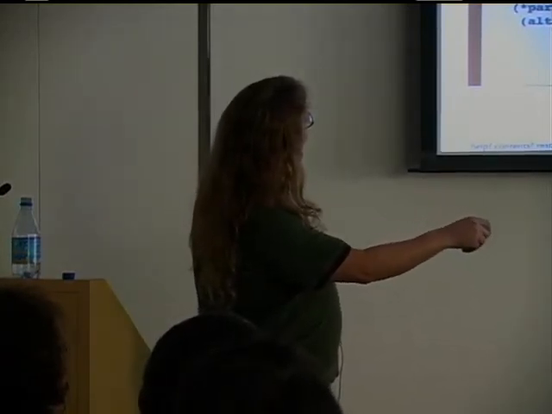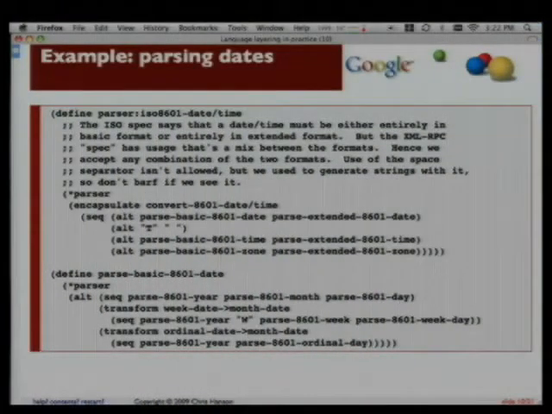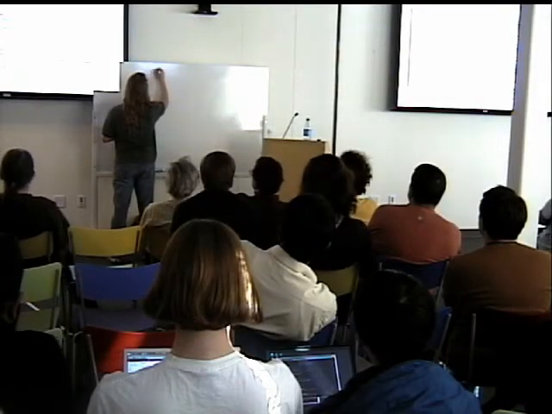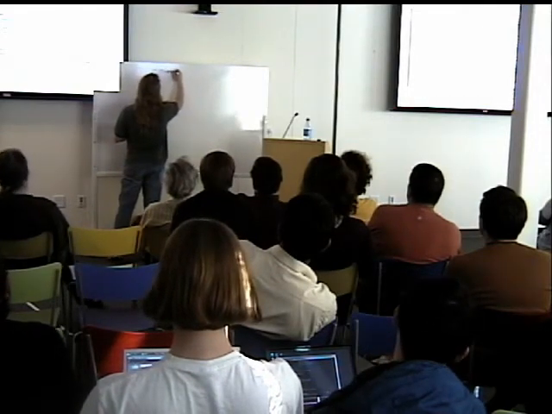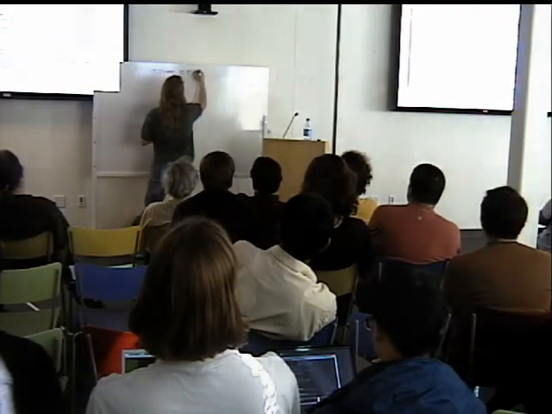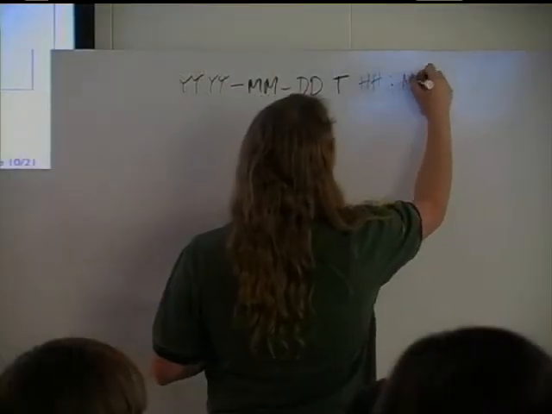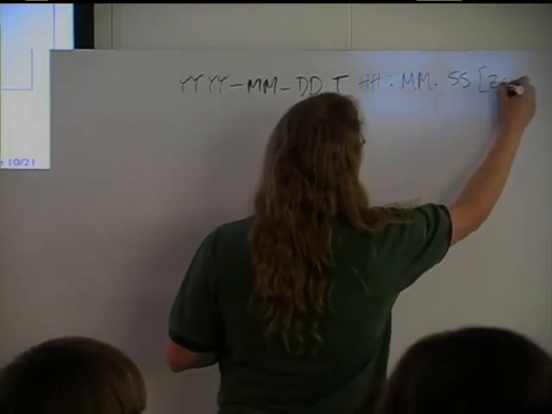Basically you have something that parses a date time, and in ISO 8601, maybe I should write an example for people who aren't familiar with it, you have something that usually looks like a year, month, day, followed by T, followed by hours, minutes, and seconds, and then a time zone that's optional.